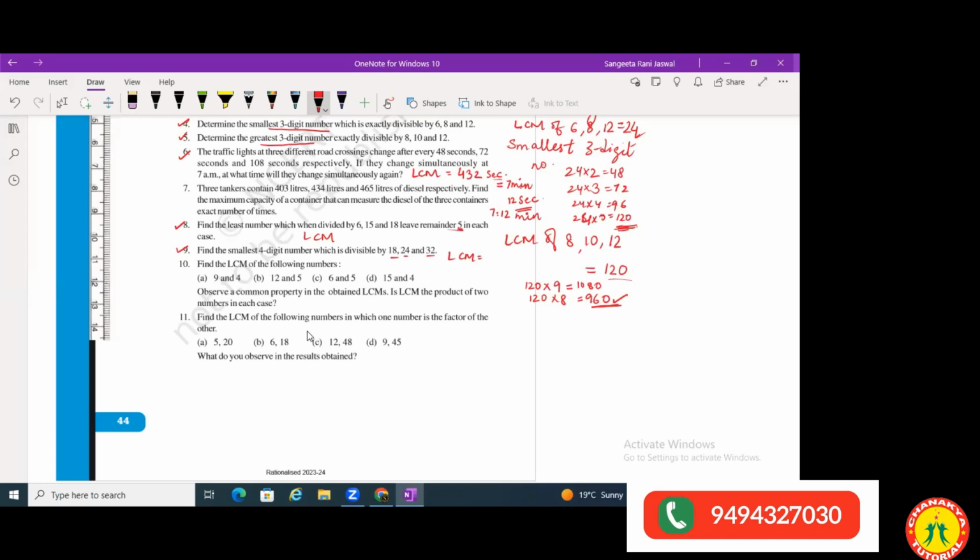Find the LCM of these three numbers and then take the multiples of the LCM. And wherever you get the smallest 4-digit number, that will be your answer.